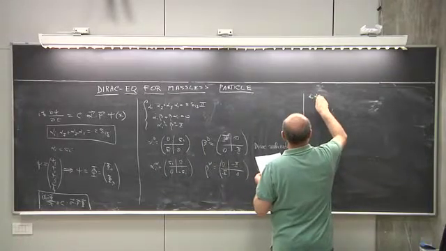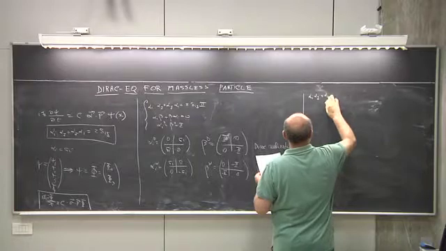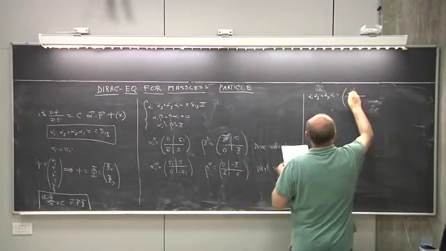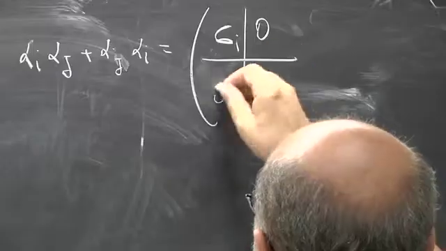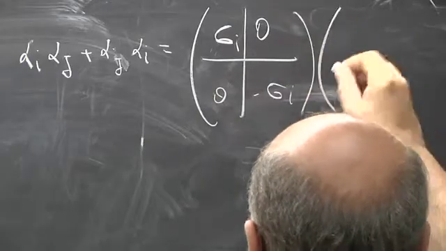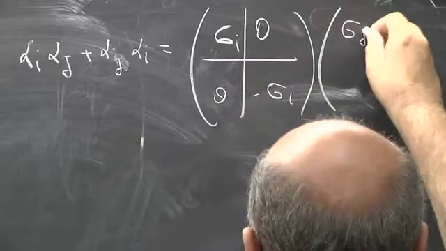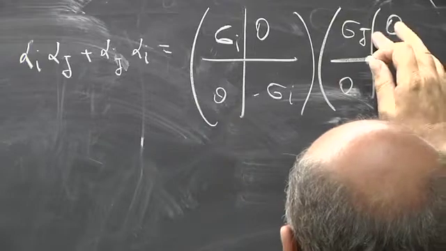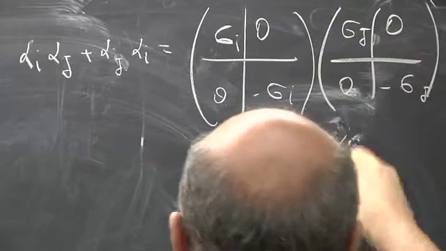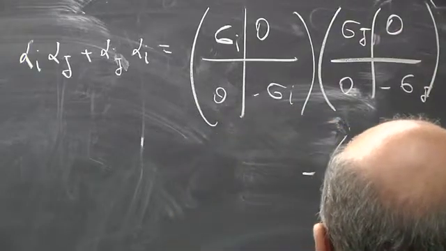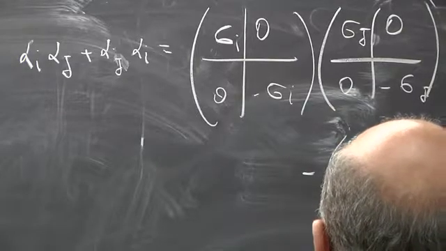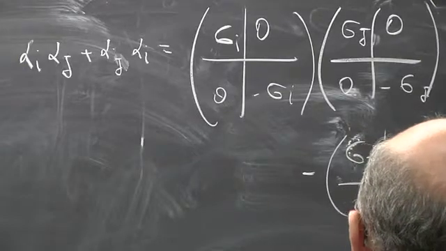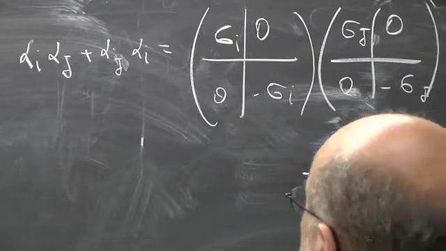So alpha i alpha j plus alpha j alpha i is equal to sigma i 0, 0 minus sigma i times sigma j 0, 0 minus sigma j, plus sigma j 0, 0 minus sigma j times sigma i 0, 0 minus sigma i.